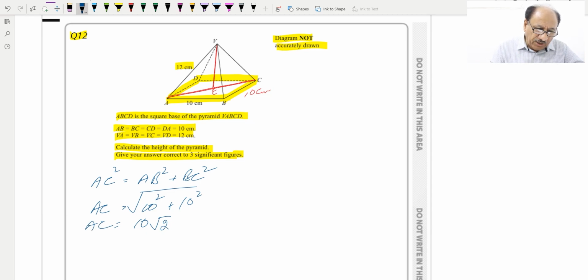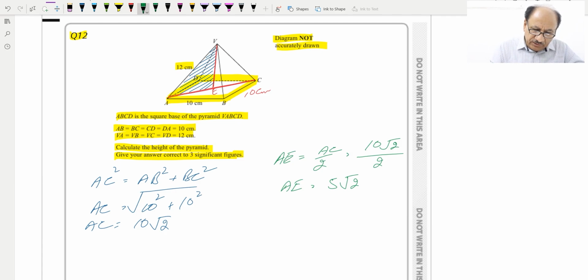So this will be our AC value. Now to find the height, we can consider this triangle, for which we already have 2 sides. So AE will be half of AC, which is AC by 2, and AC is 10 under root 2, divided by 2, so AE is equal to 5 under root 2.